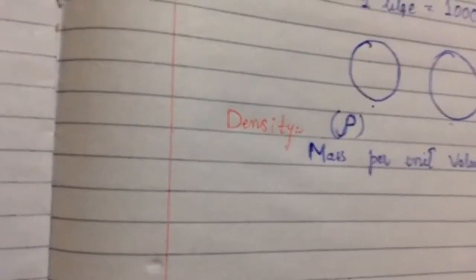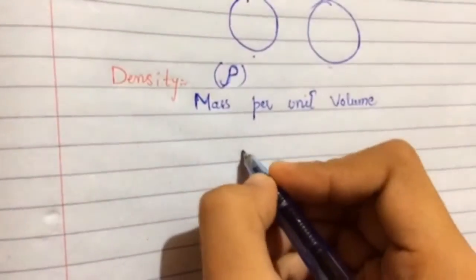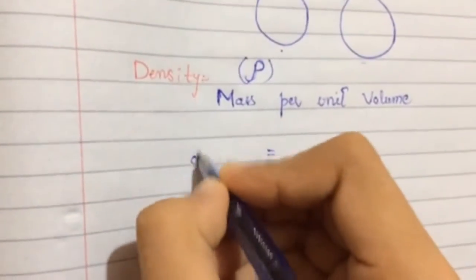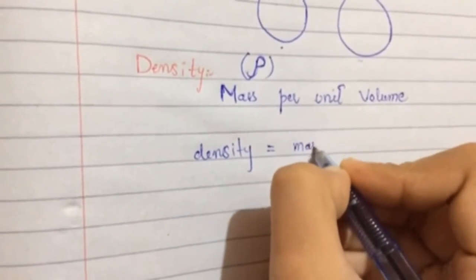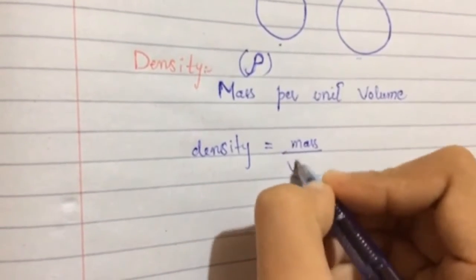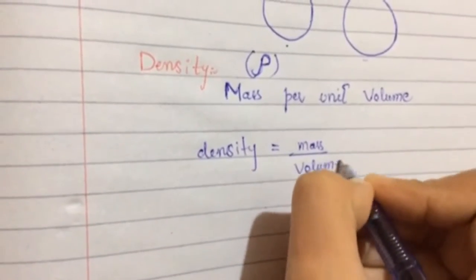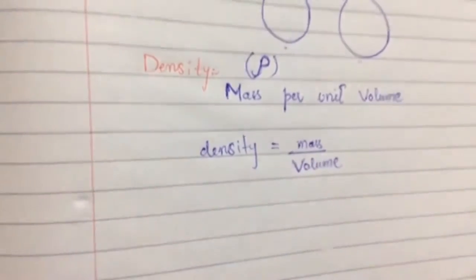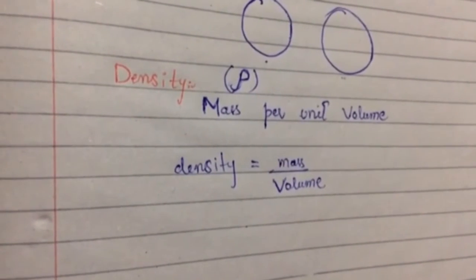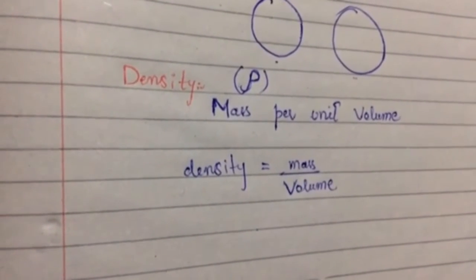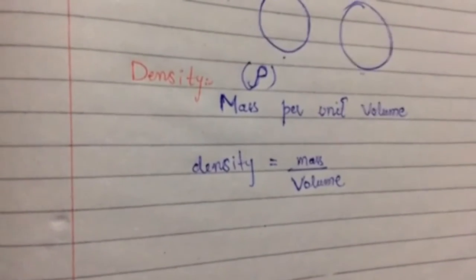So first we have to write density is equal to mass per volume, or mass divided by volume. Simply that is like that. Density is basically the mass of the body with the body volume.